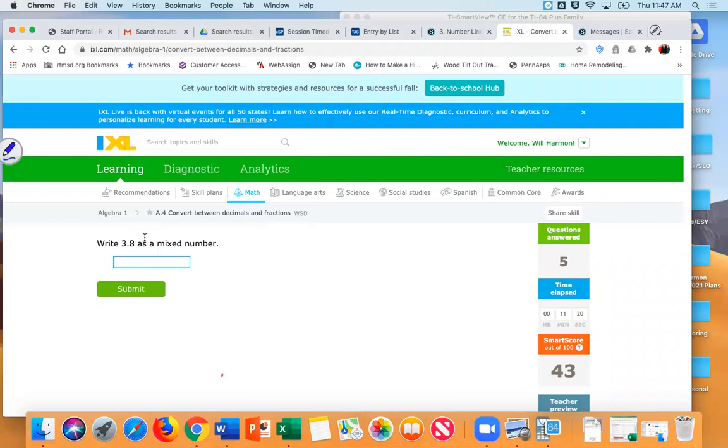Decimal placement is, okay, let's pick a number. 123.456. Okay, so each of these digits, 1, 2, 3, 4, 5, and 6, has a specific name for the position it's in.